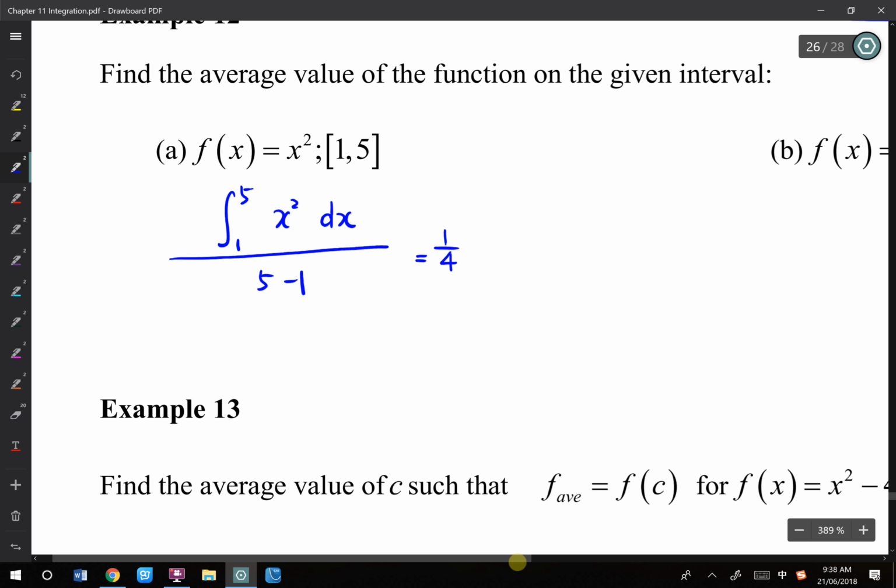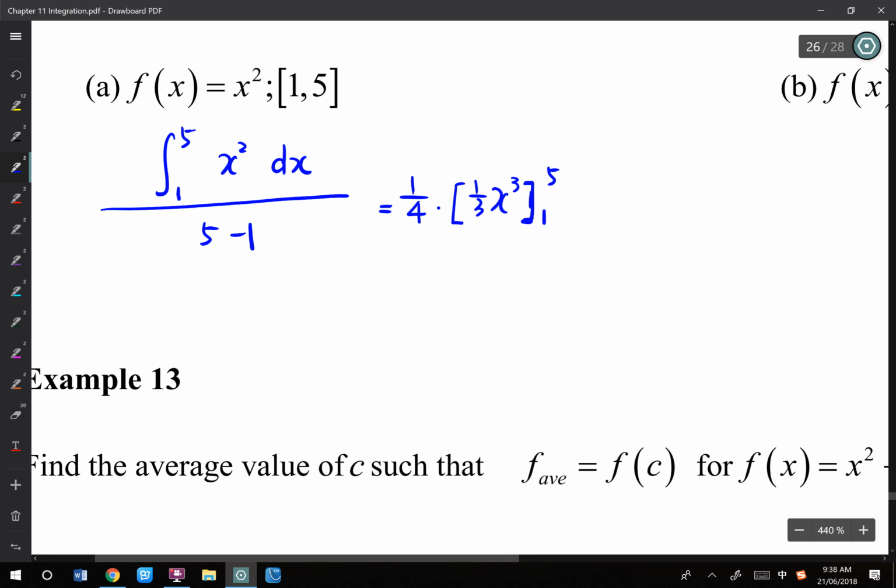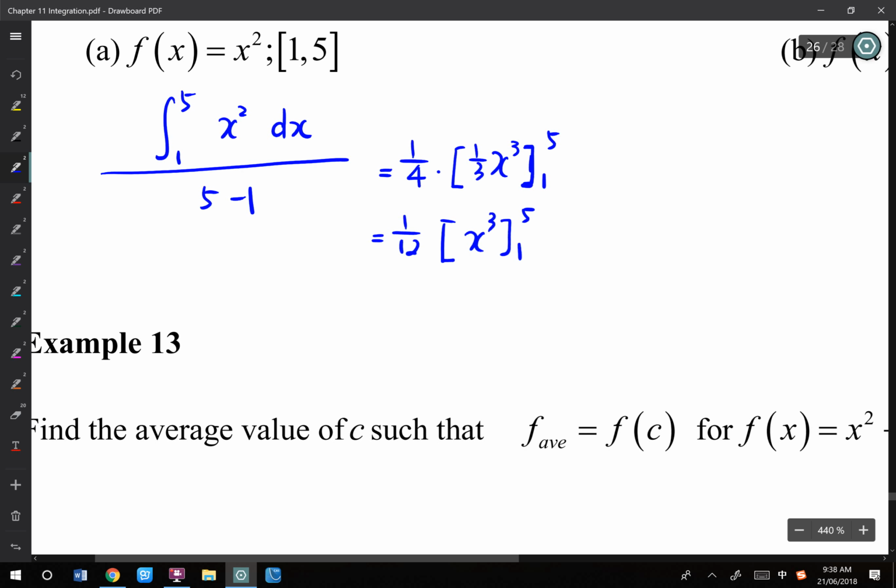So that's a quarter times a third x cubed from 1 to 5. I can take the number outside the bracket, so you have 1/12 times x cubed from 1 to 5. 5 times 5 times 5 is 125, minus 1, so it's 124 divided by 12.